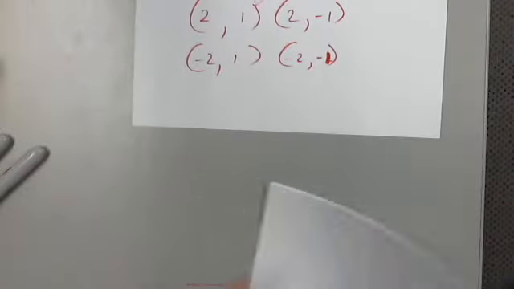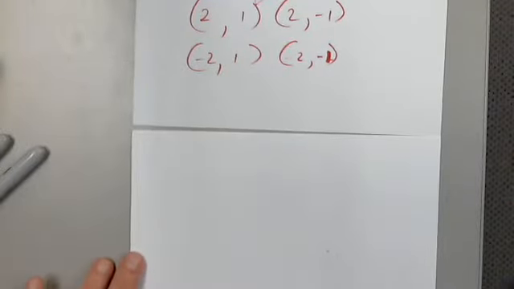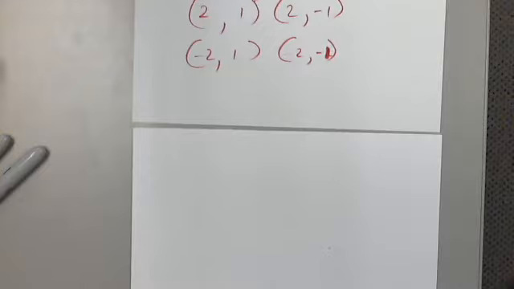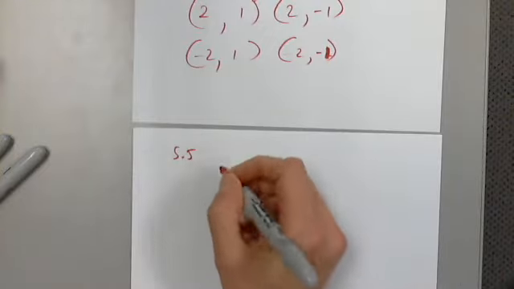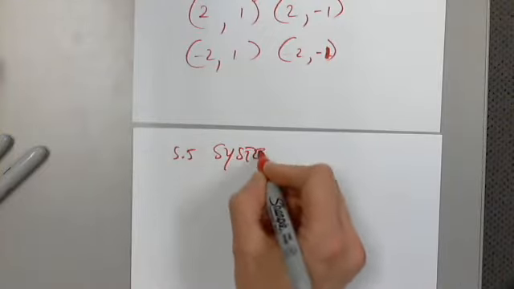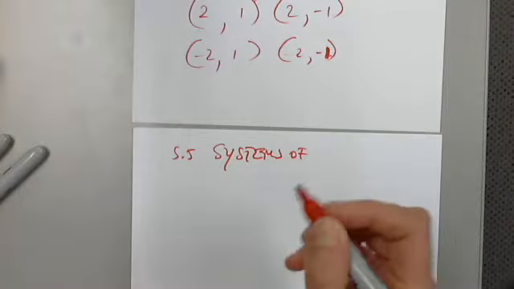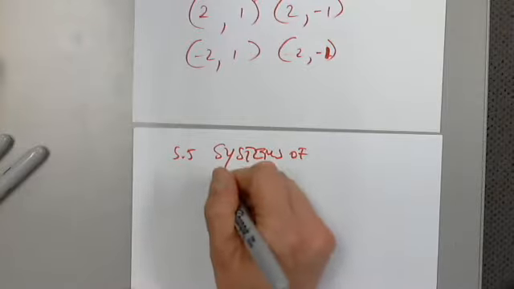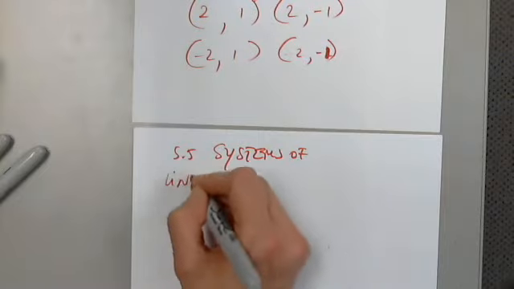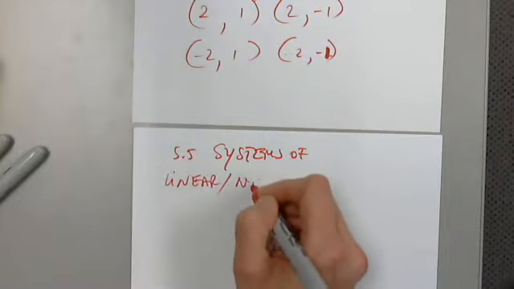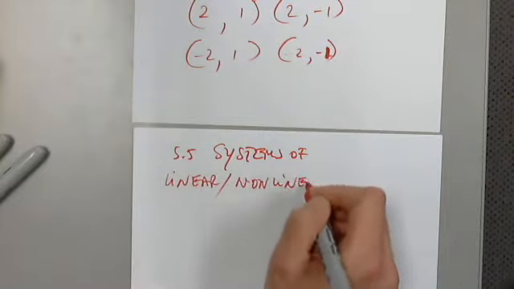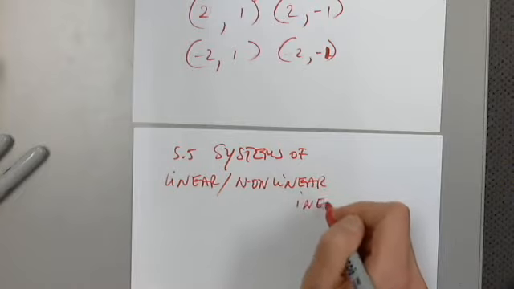Again, the next section is a review, partial review. 5.5. Systems of inequalities, linear and nonlinear.